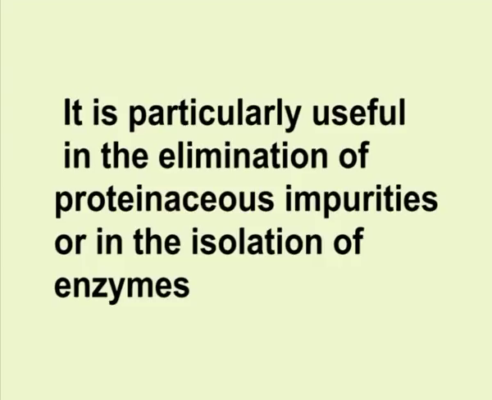Precipitation. The insolubility of many salts is used in the selective isolation of some industrial products. It is particularly useful in the elimination of proteinaceous impurities or in the isolation of enzymes.